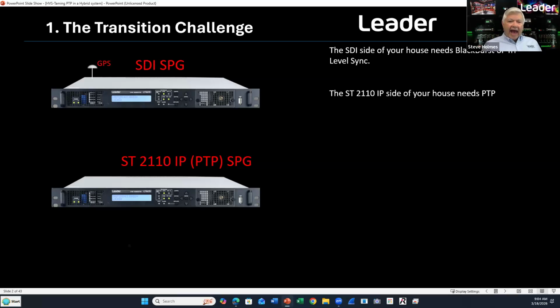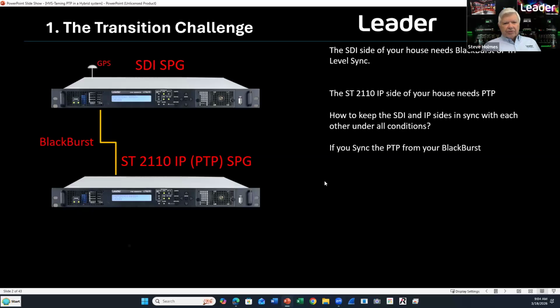Now you can add just a second SPG and tag it to your first SPG. You can use black burst. There are several ways to do this, but this introduces some issues. The first is that black burst is only roughly a 1 microsecond timing system.